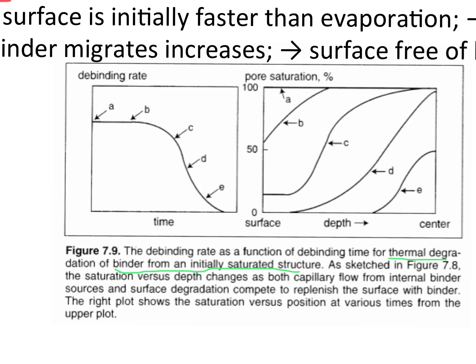So we start with metal particles everywhere, polymer everywhere, no pores at all. We start heating this up, and we have a relatively high rate of debinding because the surface is exposed to the hot portion of the furnace, and that doesn't have far to go, so the polymer starts to leave relatively quickly.